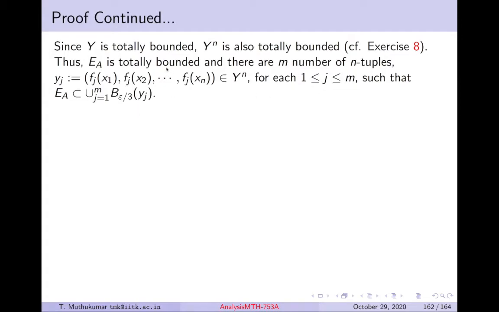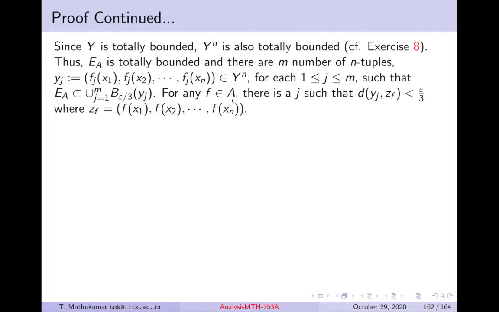This is by the definition of total boundedness of E_A. Each y_j is an element of E_A, because y_j is the tuple of f_j's, the n-tuple corresponding to the image of x_1, x_2, ..., x_n under f_j. The existence of such a y_j is from the total boundedness of E_A.